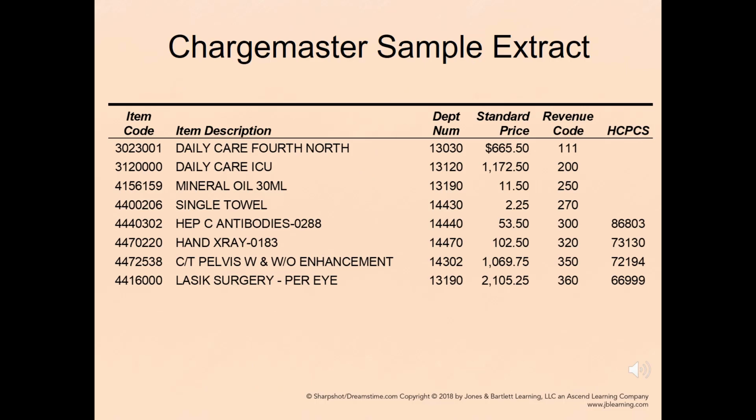In this example of a charge master extract, you can see the item code that is given to the item description, the department number for which it pertains, what the standard price is, the revenue code that is associated with it, and whether or not there's a HCPCS code or a CPT code, which is what you're looking at there, that goes along with it.